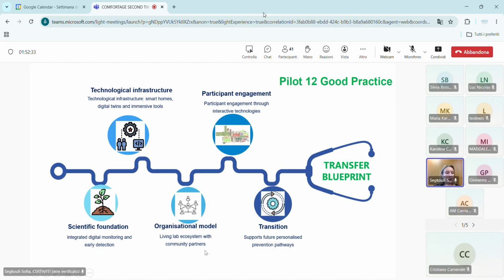In particular, concerning the interoperability frameworks, we have integrated digital monitoring and remote monitoring tools, all built upon a cohesive backend.